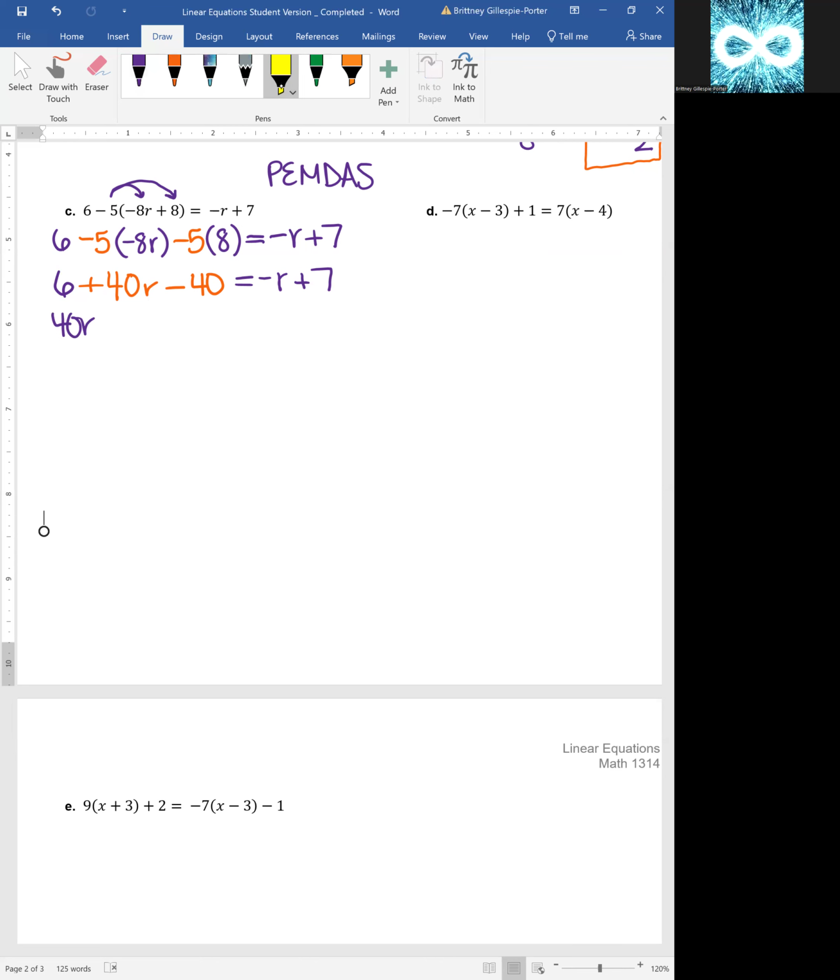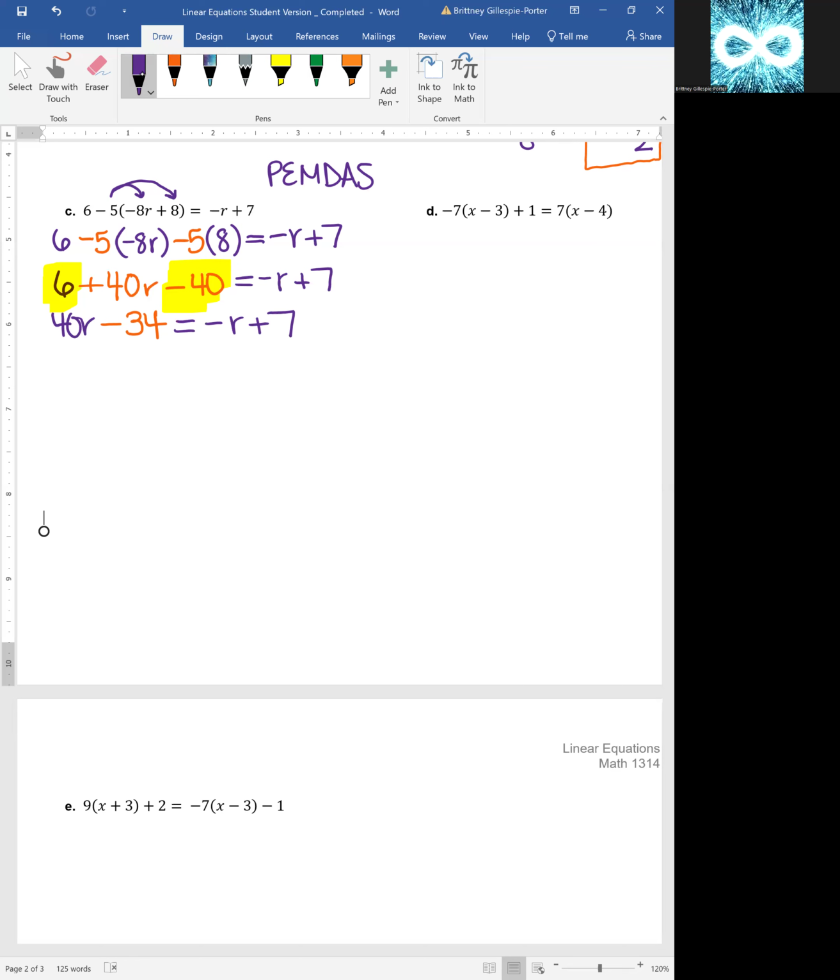But our 6 and our negative 40 are like terms because they're both constant terms. 6 minus 40 gets us a negative 34. And that is equal to negative r plus 7.